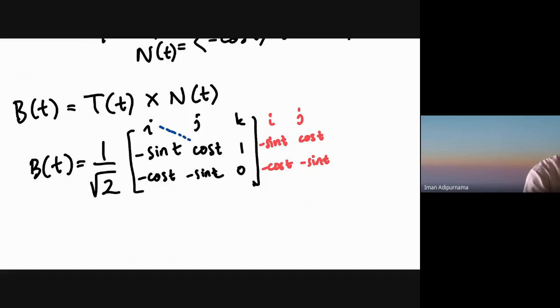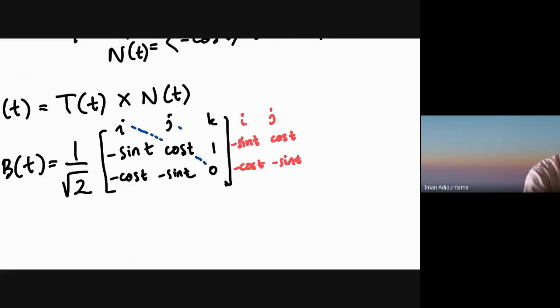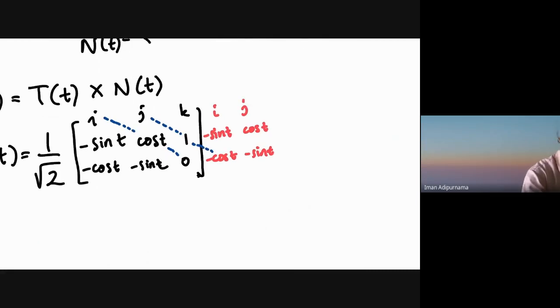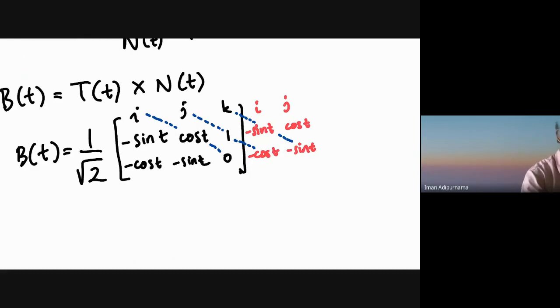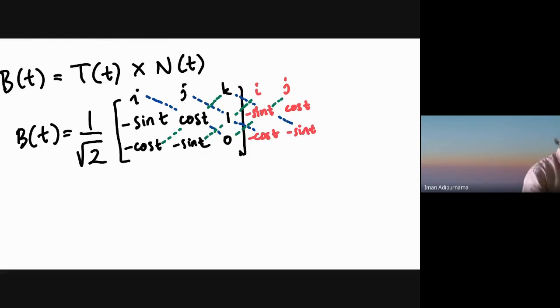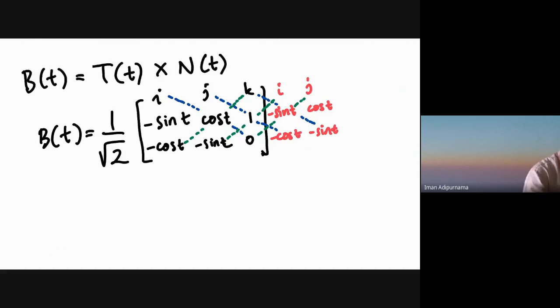So this multiply plus this multiply and also plus this and multiply minus this multiply minus also this and minus this. Or you can use determinant, it's also fine.